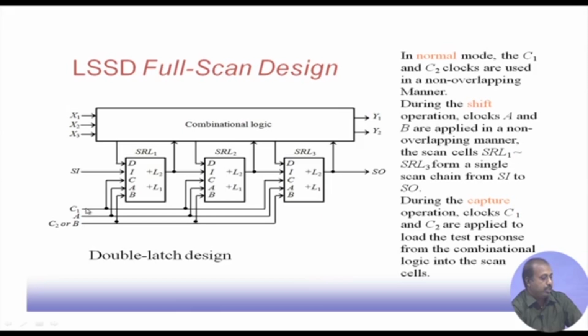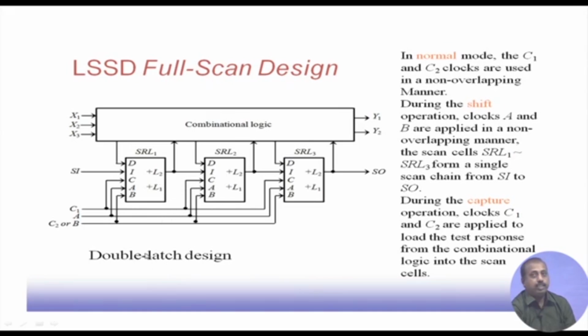So C1 and C2 are used for normal operation in a non-overlapping fashion, and A and B are used in non-overlapping fashion for scan shifting. Similarly, during capture operation, C1 and C2 will be applied to load the test response from the combinational logic, so they remain the same.